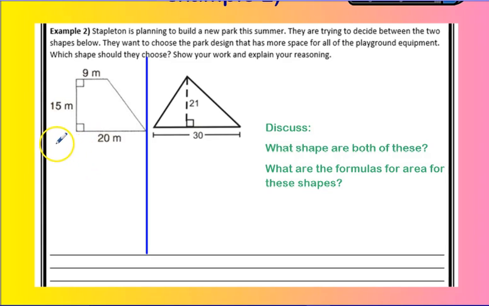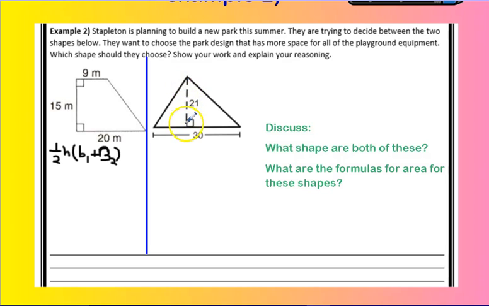So the formula for a trapezoid is 1/2 height, and you're writing this down, parentheses base 1 plus base 2. I'm sorry about that. Base 2. Let's look at the triangle.